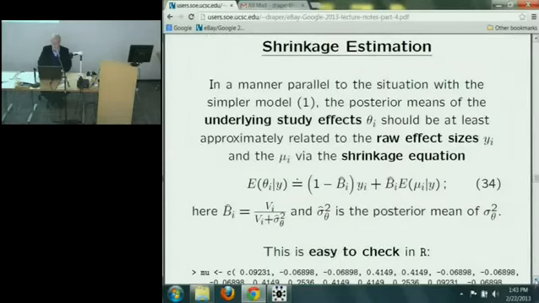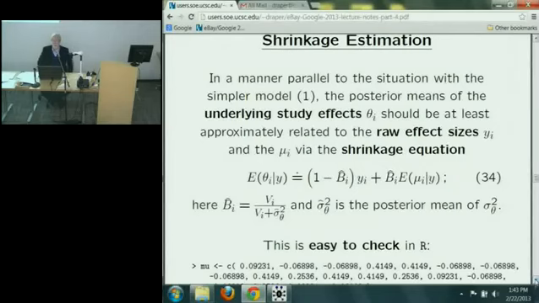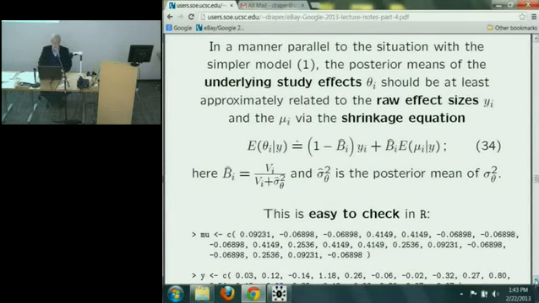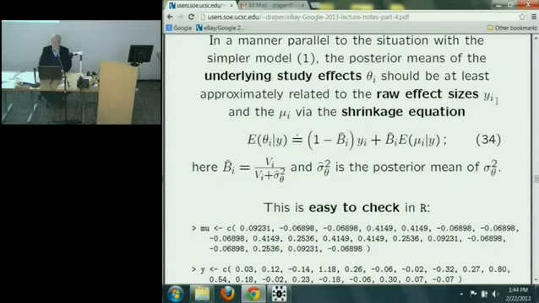In a manner parallel to the situation with that simpler model where we don't have any study level predictors, the posterior means of the underlying study effects theta I should be at least approximately related to the raw effect sizes y sub I and the mu sub I by a shrinkage equation like this.